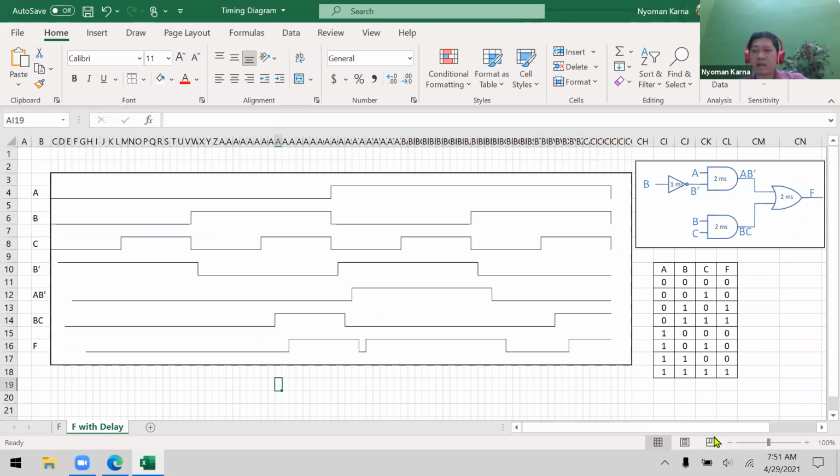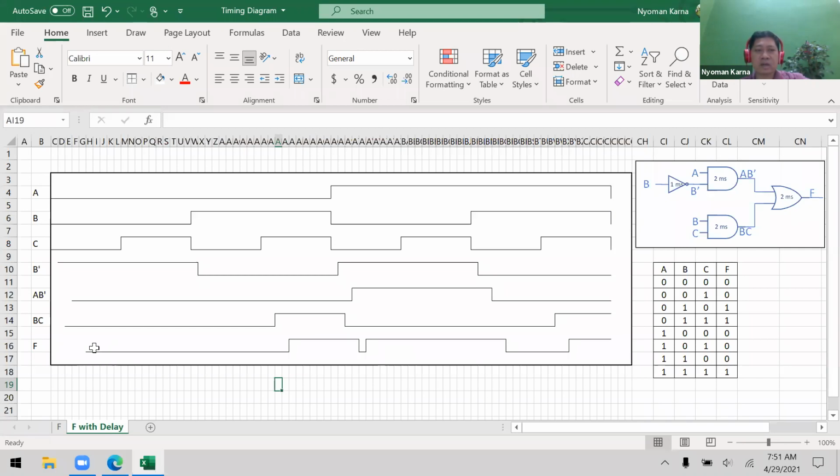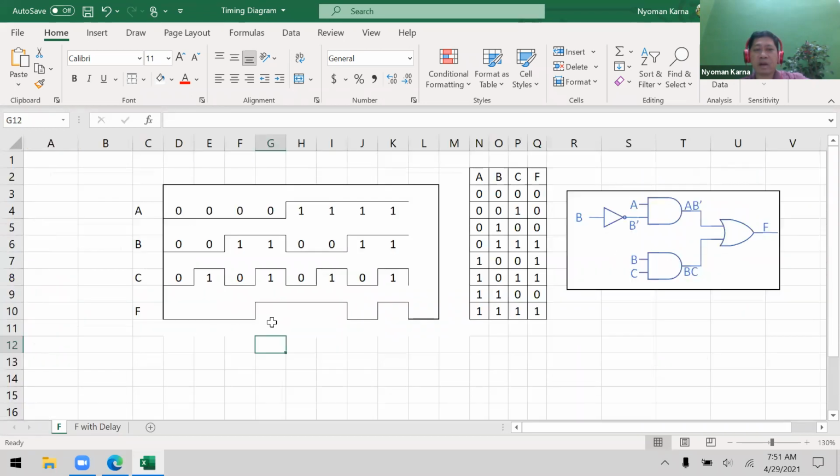If we compare this signal of the function F with the previous example, it is quite different. This is 1, 1, 1, or 0, 0, 0, 0, 0, 0, and then there is supposed to be a long 1, 1, 1.